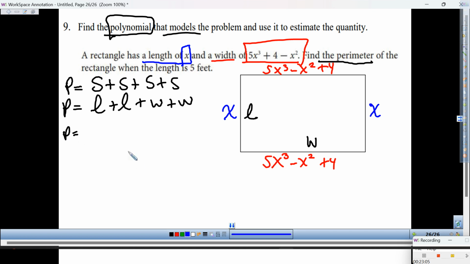Therefore, what do I write instead of length? x and x. Okay. What do I write instead of width? 5x cubed minus x squared plus 4 plus 5x cubed minus x squared plus 4.